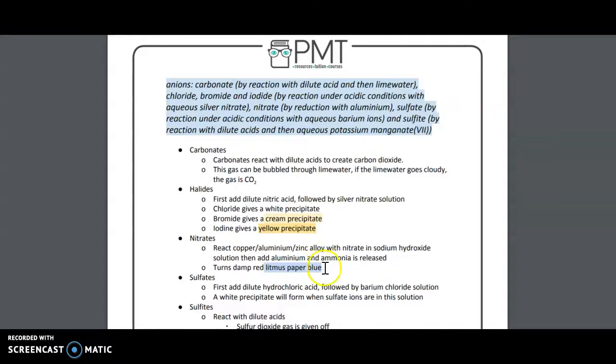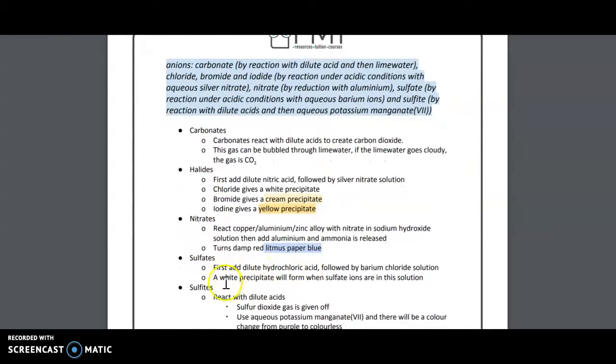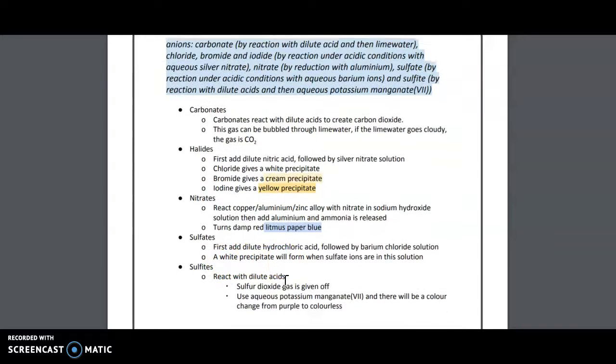You also have nitrates, which you could figure out by putting damp, that means a little bit wet, red litmus paper in there. It will turn it blue, because it is alkaline. Sulfates, if you do this, will form a white precipitate.